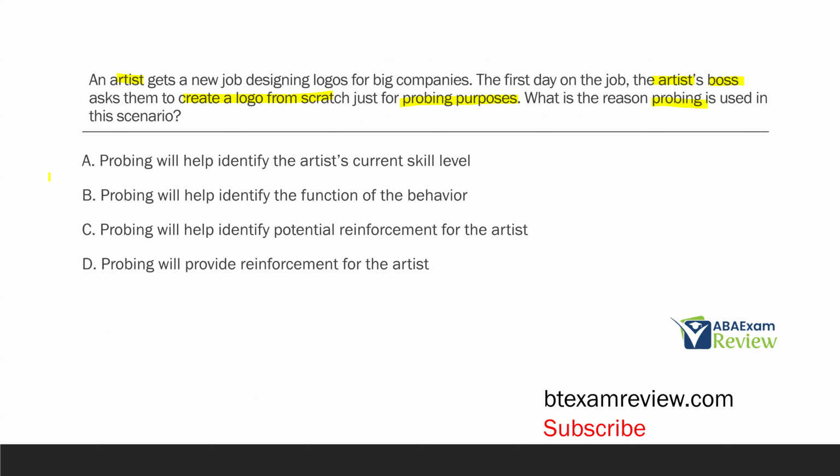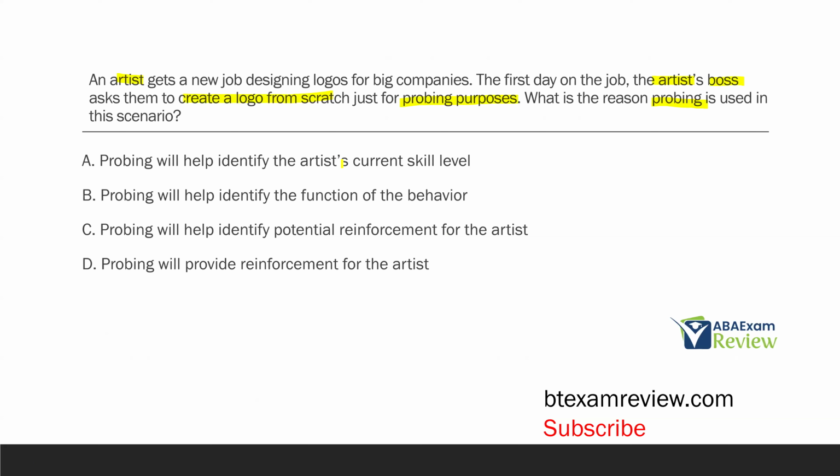So, what is the reason? A, probing will help identify the artist's current skill level. Perfect. A is what we predicted. A looks like the right answer. We always read all of the answer choices. We don't get lazy. B, probing will help identify the function of the behavior. Probing is not going to identify our function. It's going to give us more information, but it's not going to tell us the function. C, probing will help identify potential reinforcement for the artist.